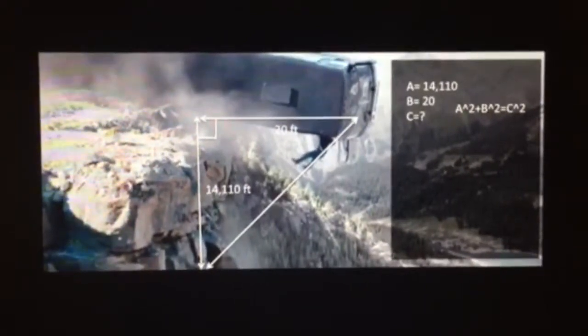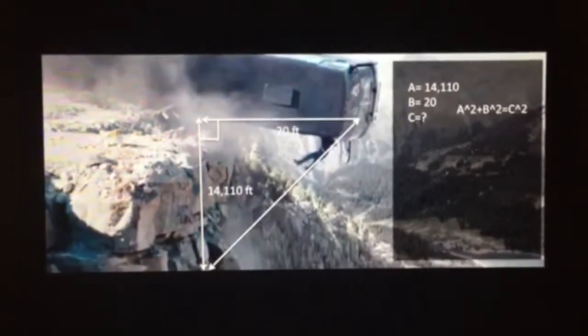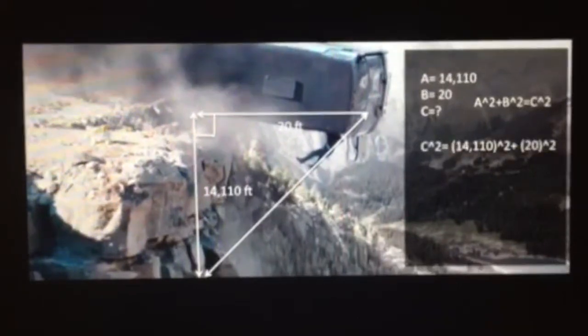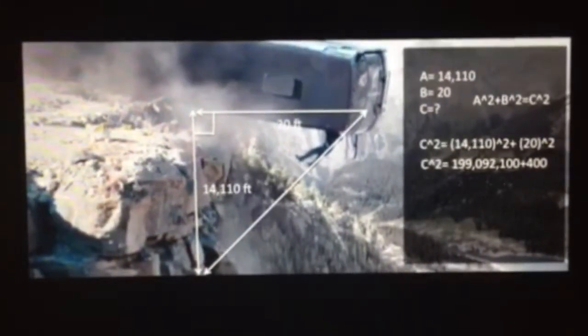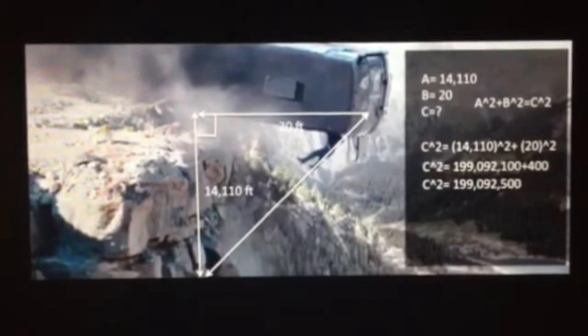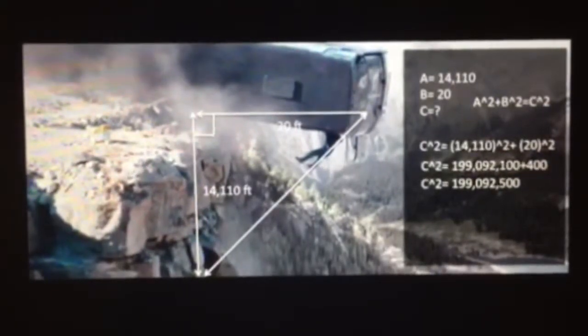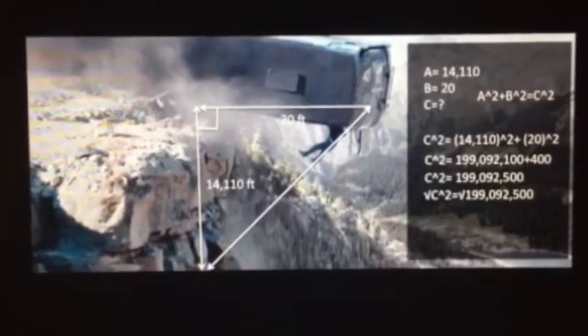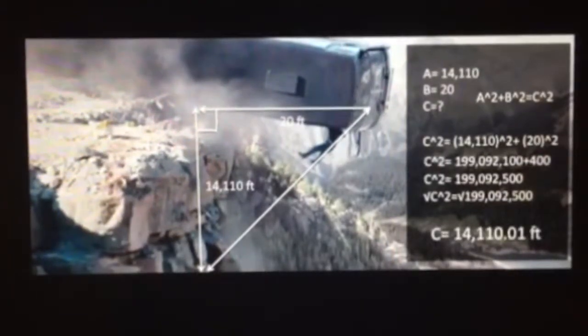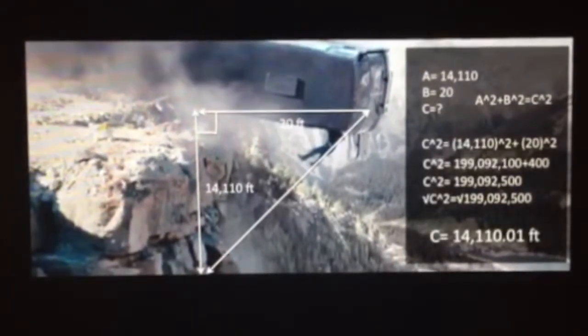So after plugging in the numbers, c squared should equal 14,110 squared plus 20 squared, which equals 199,092,100 plus 400, which equals 199,092,500. After you figure this out, we're going to want to find the square root of both sides, and after that is figured out, c should equal 14,110.01.